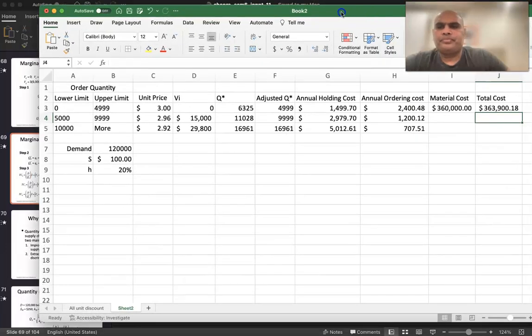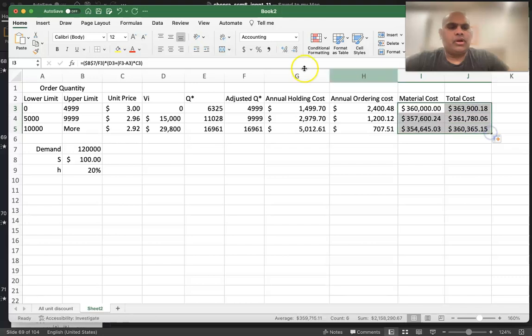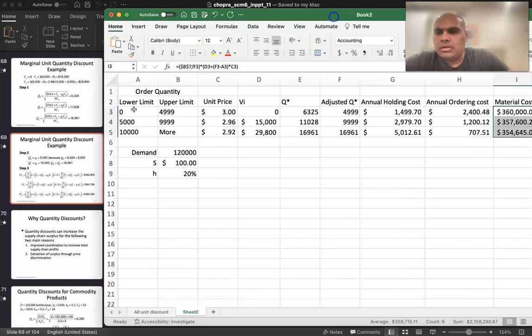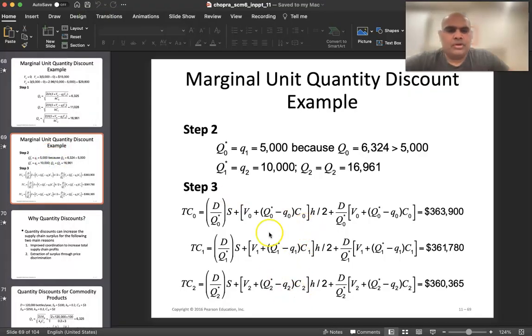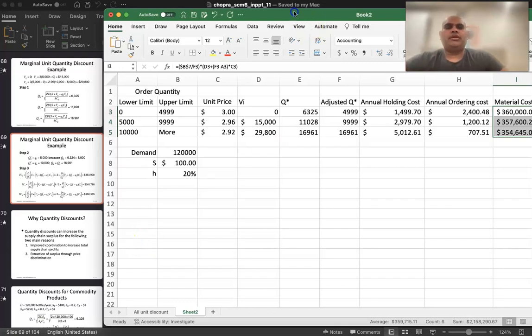Okay, got that right. So we got the material cost values. Again, these formulas are pretty involved, as you can see, so it took me a while to input them all, but then there you go.